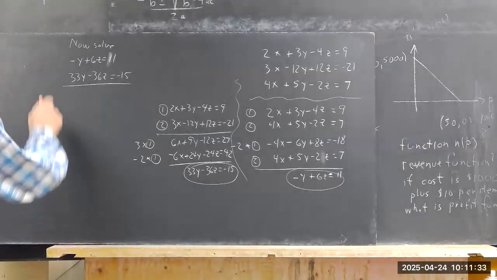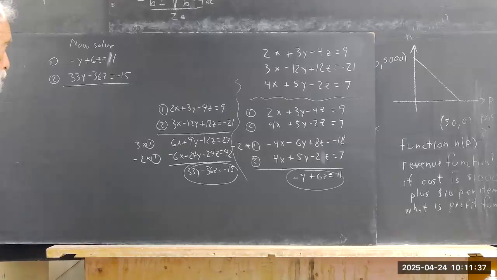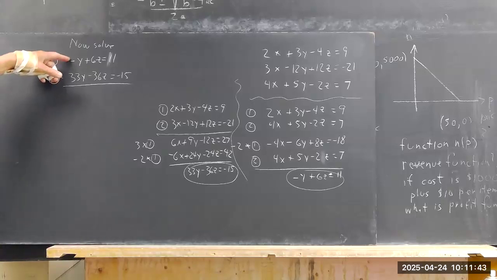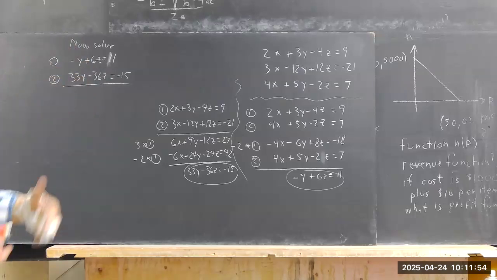Okay, so now this will be our equation one for reference. This will be our equation two. And we have two choices. We could multiply the first equation by 33 and match up the y's and eliminate y. But we're probably going to just multiply the first equation by 6 and eliminate z because we'll be dealing with smaller numbers.